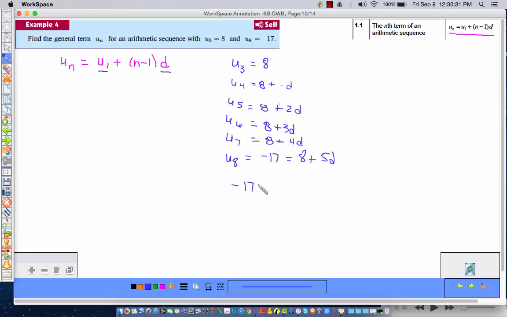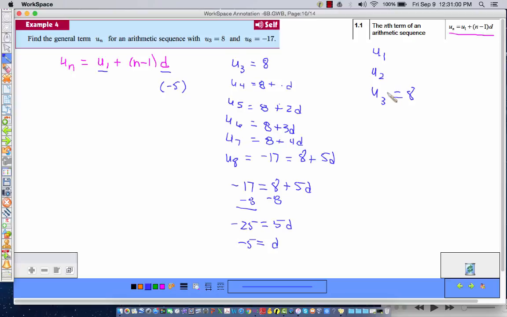So negative 17 equals 8 plus 5d. I subtract 8 from both sides, and that's going to be negative 25 equals 5d. Divide by 5, and my common difference is negative 5. So I already have this going for me. Okay. Well, if u sub 3 is equal to 8, I can quickly get to u sub 1, right?